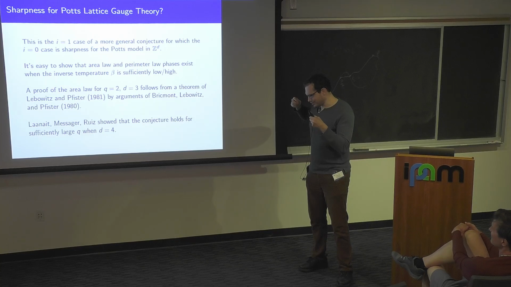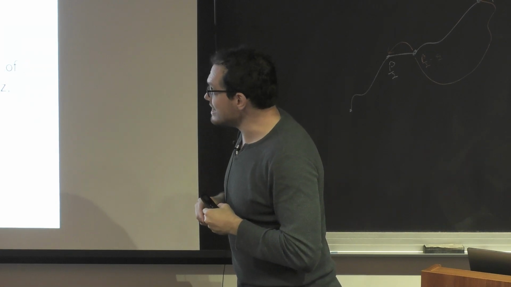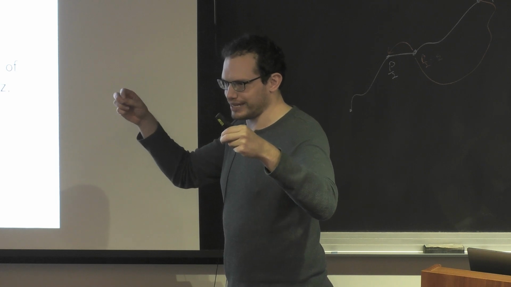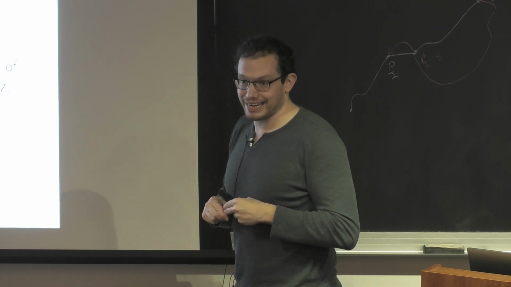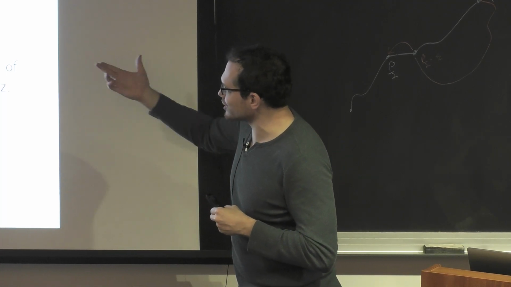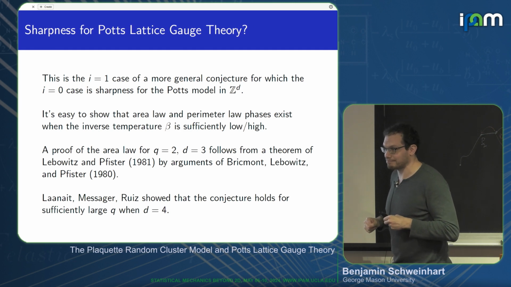Then I guess you could say your rectangle is a line segment in your lattice, right? The area of that rectangle is just the distance between the two boundary vertices. And the perimeter is a constant, too. So in this case, the conjecture is a theorem, which is the sharpness for the Potts model on ZD.